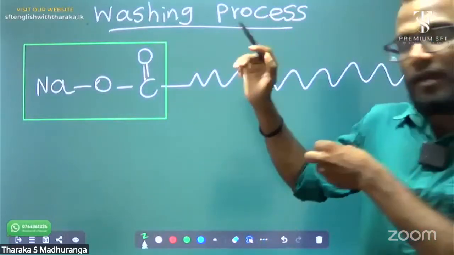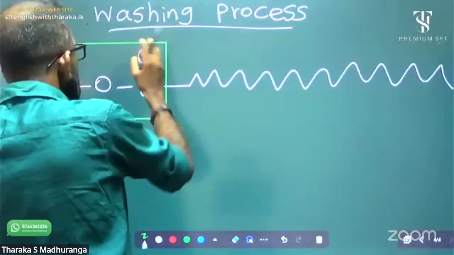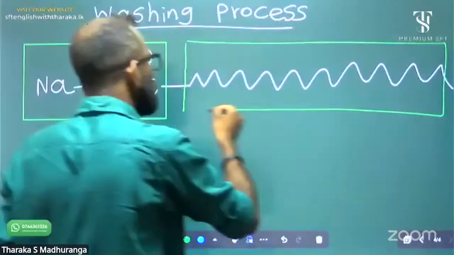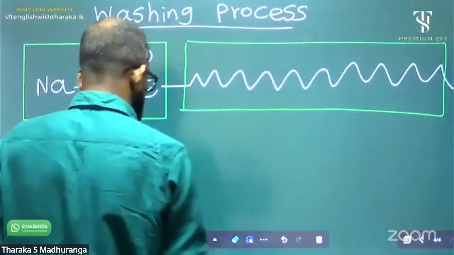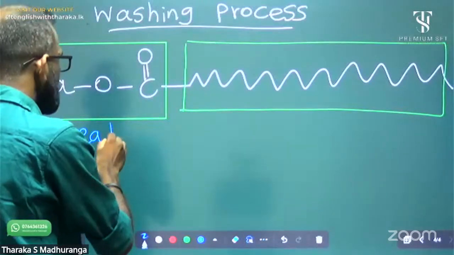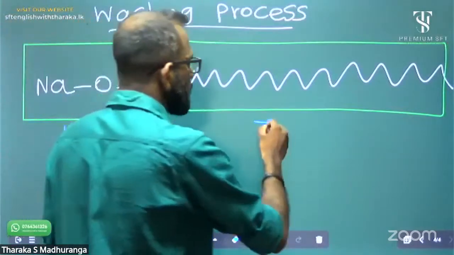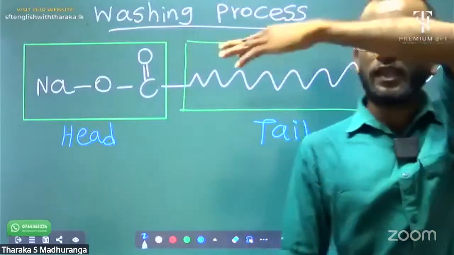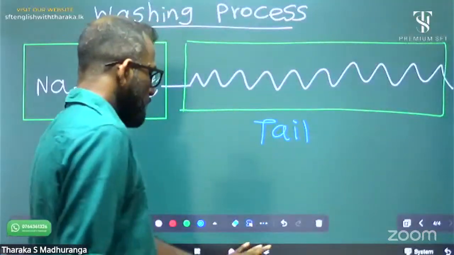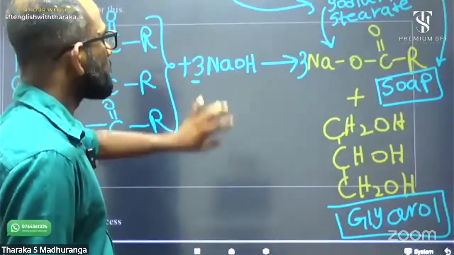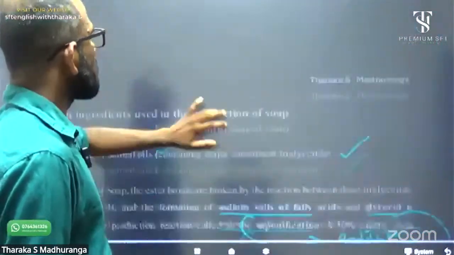and a tail. Sodium includes this part. We call that the tail. This is the head, and this is the tail. That's why I skipped this part to explain finally.